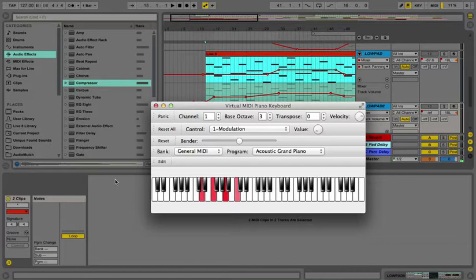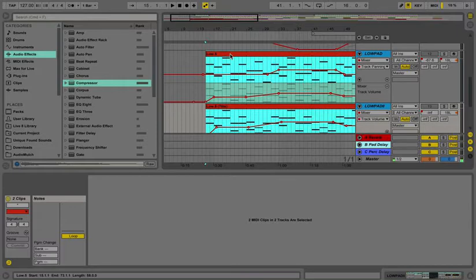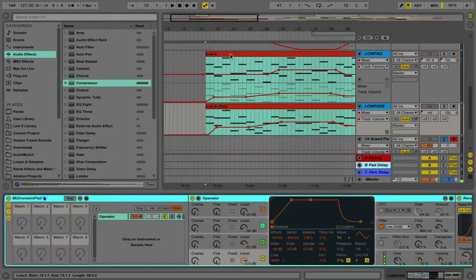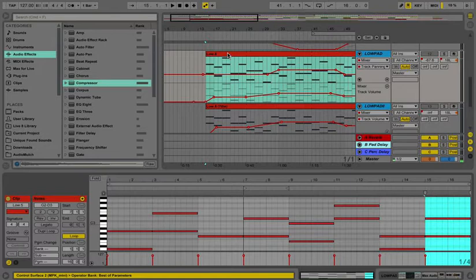So I have one synth playing the D and the A, and the other one playing the F and the C, but at the same time. And I continued doing that throughout, it's an 8 chord progression.